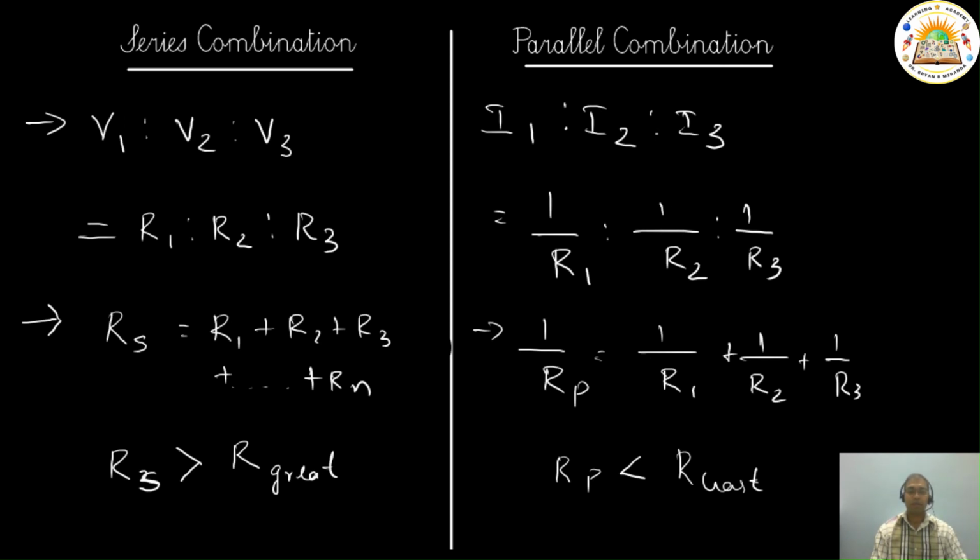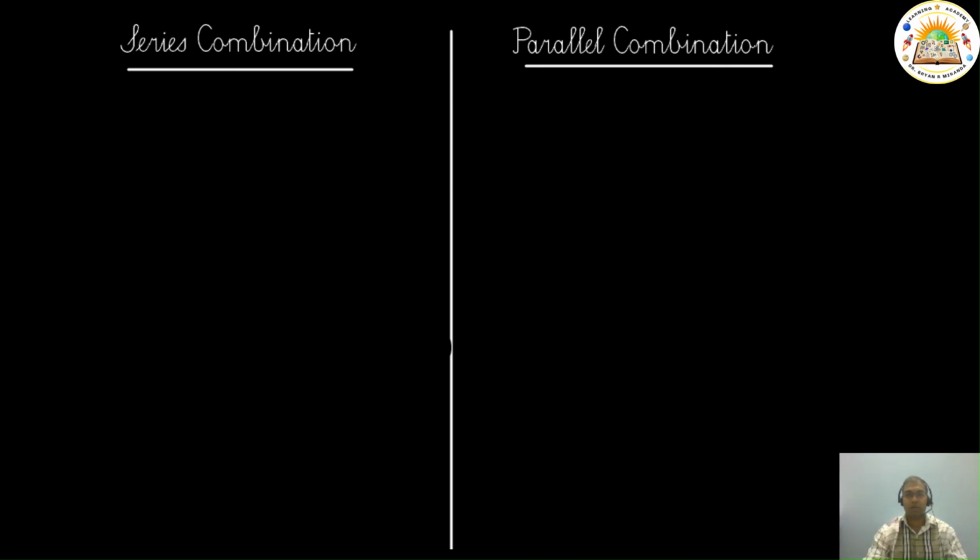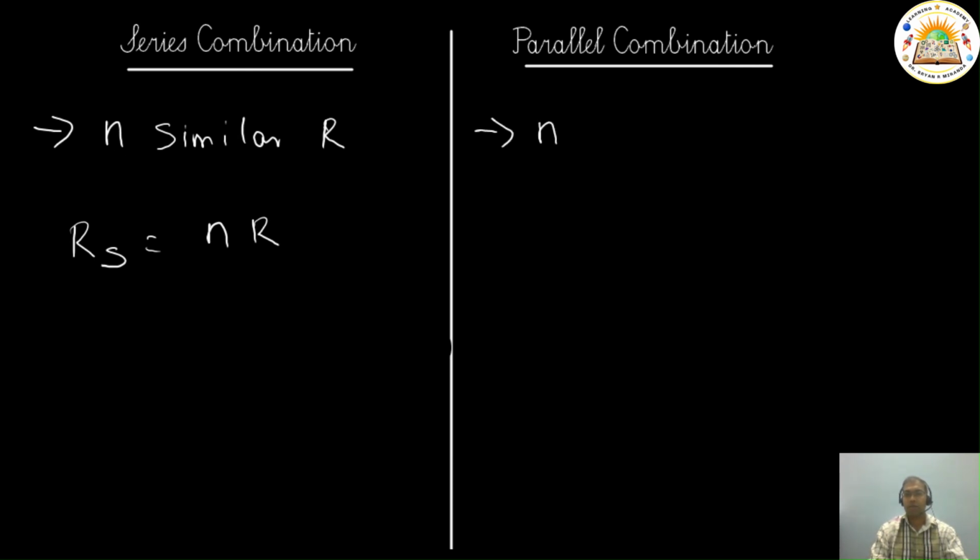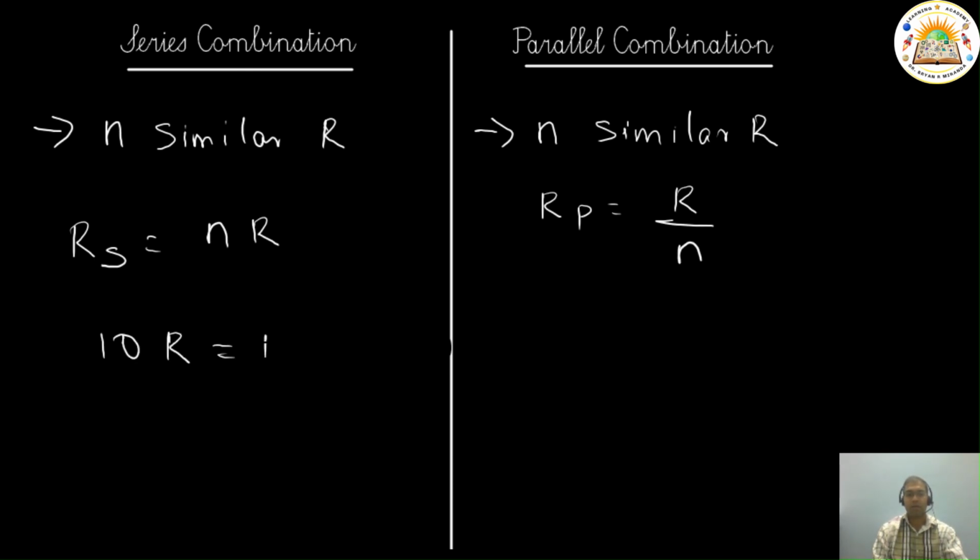Another difference that is there is this. Now this is very important, that if I have n similar resistances, then for series combination Rs, I can simply write it as n times R. And in parallel combination, if I have n similar resistances, then Rp is going to be nothing but R by n. Now when we say n similar, let's say we have 10 resistances in the circuit, each R is given as 1 ohm.